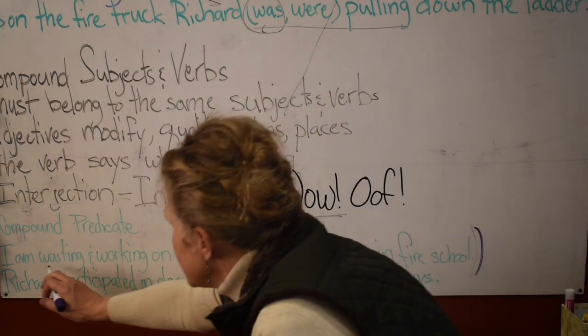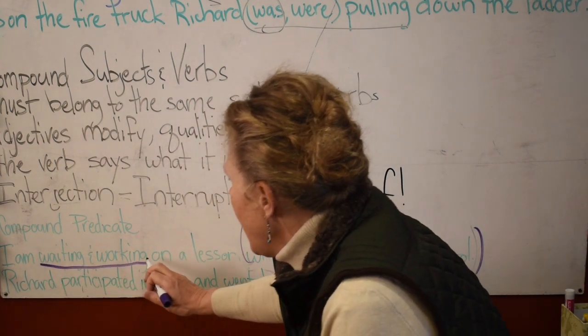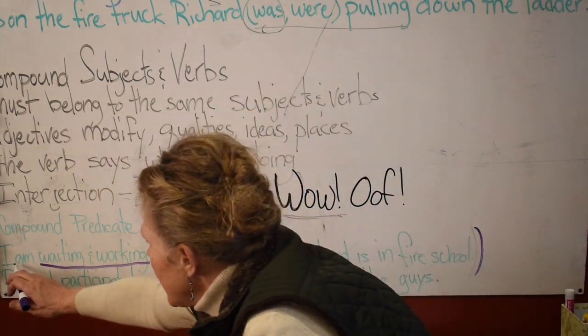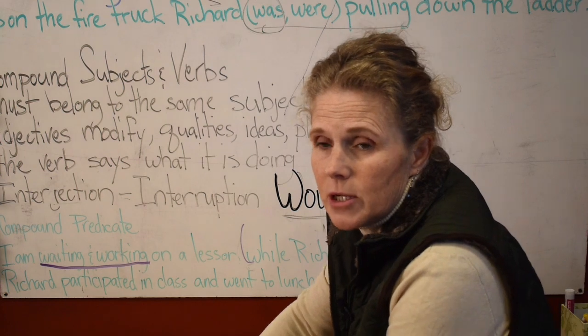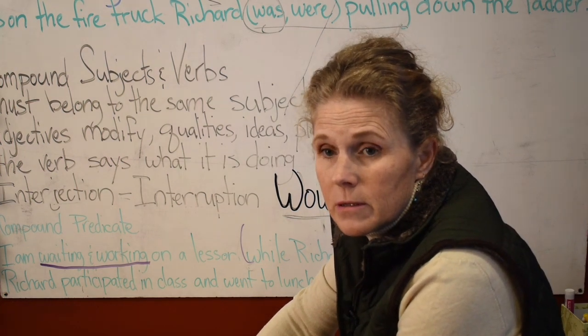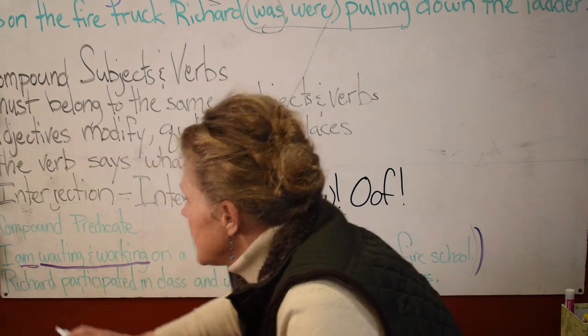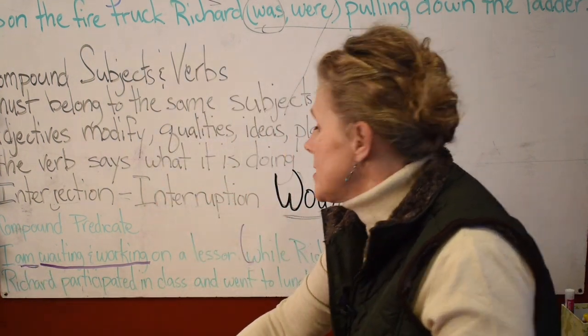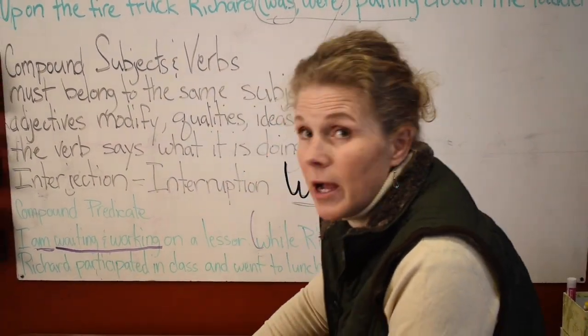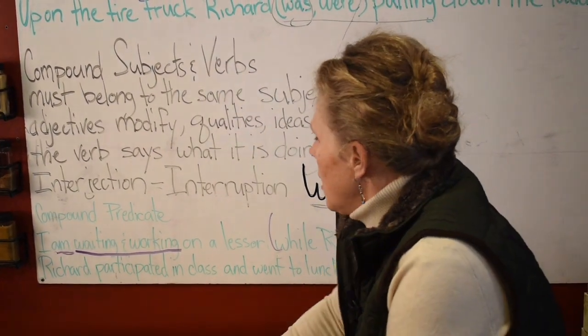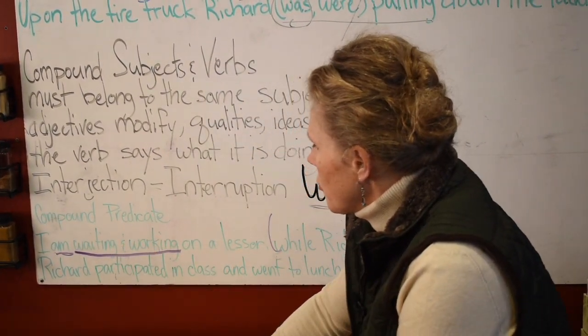And so you're right, Daniel. We have waiting and working. And then right here, what tense is it sitting in? Do you guys know? Present progressive. This auxiliary verb says I'm in the present, and these right here say I'm progressive. Your INGs tell you you're progressive.